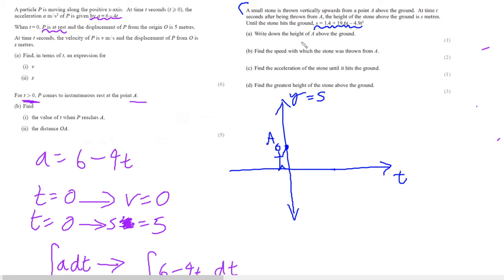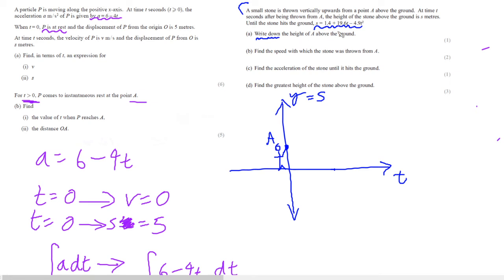So write down the height of A above the ground. Well, when a question just says write down, it usually means that there is a very obvious solution. And in this case, there is, because it starts at a point A, and you can look at this quadratic and go, right, A is when t is equal to 0 because it's the starting position of the stone.